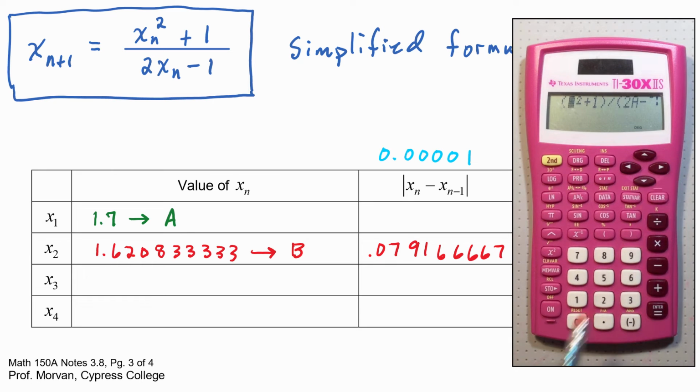So we cursor over and say memory variable b, and we have to put it in both places. Memory variable b, and then we can hit enter. And we've got that x3 is 1.618037485, and we're going to store that in memory location C.